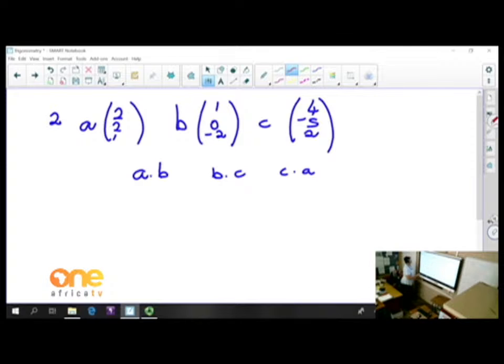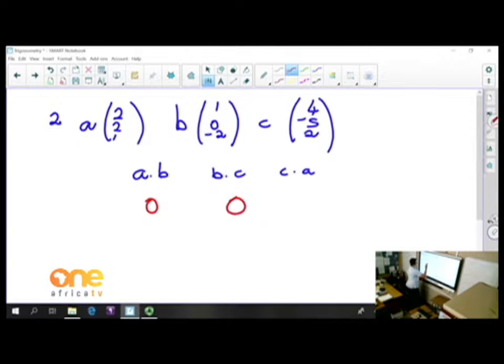So this will be 2 plus 0 plus -2, so this one is going to be 0. BC: 4, -5, and then +4. So 4 minus 4, so it's also 0.